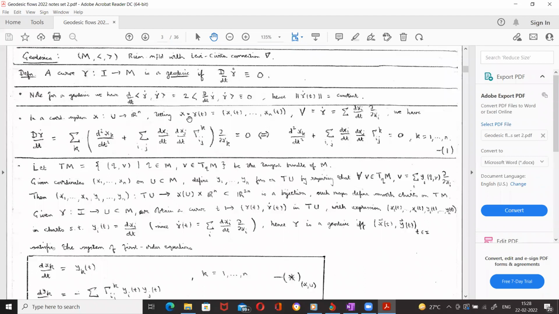So X composed with gamma of t will be a curve in Rn, with coordinates which are functions of t, x1 of t up to xn of t. And let V be the vector field gamma dot. We've seen this before: I can write it as sum over i of dxi/dt del xi.